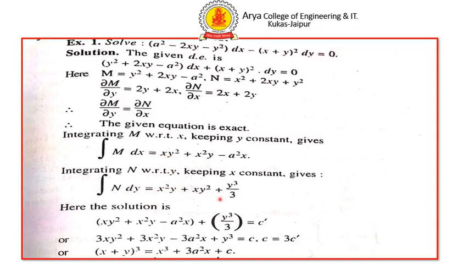So in taking v, we do not take these two common terms. So we take v equals y cube upon 3. The complete solution is given by u plus v equals constant.